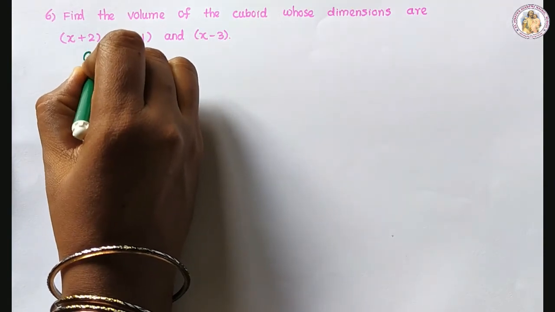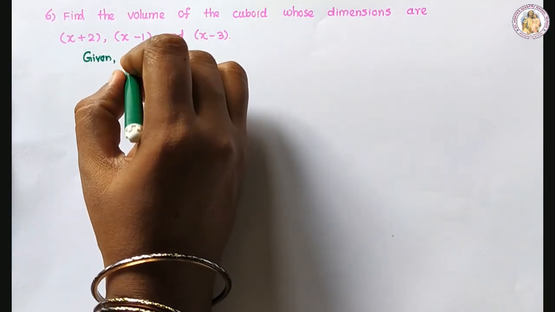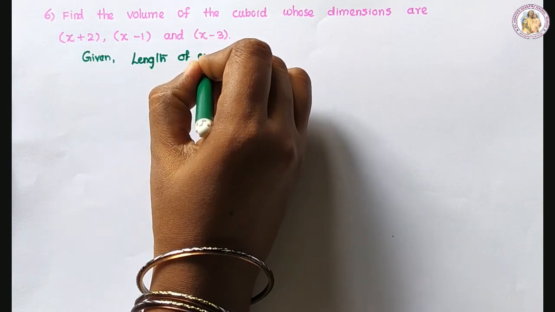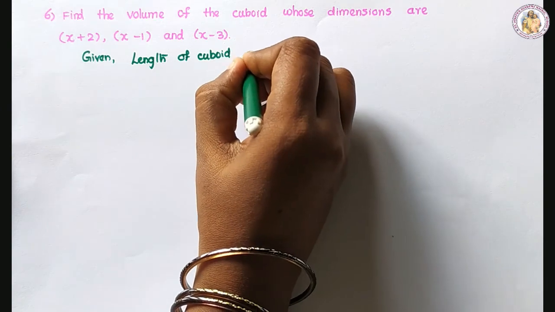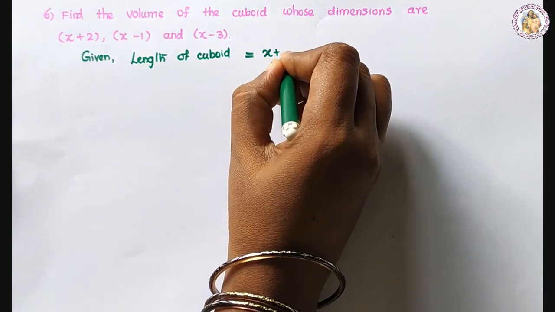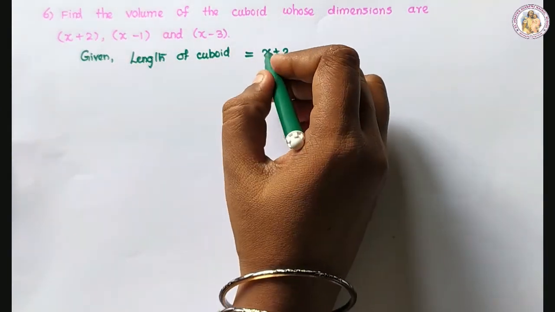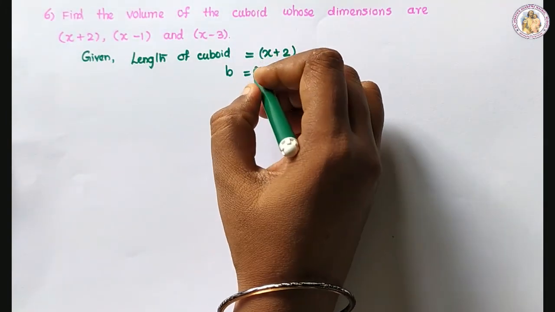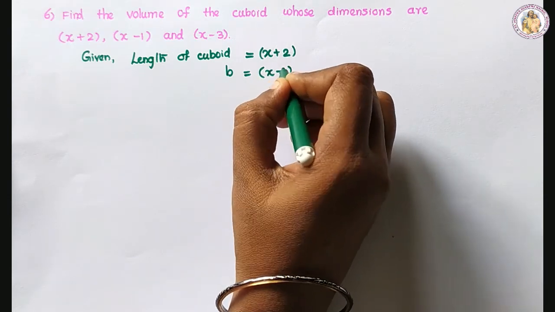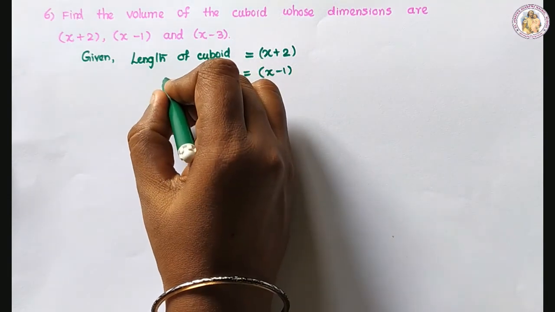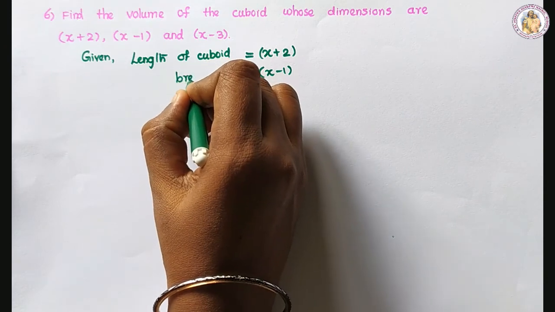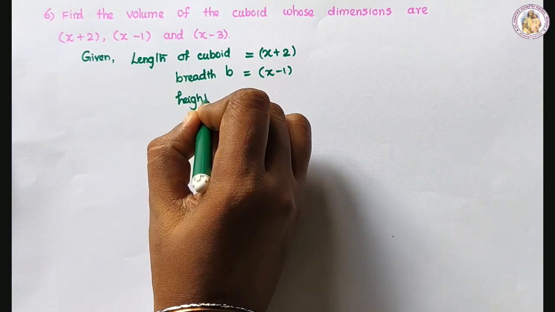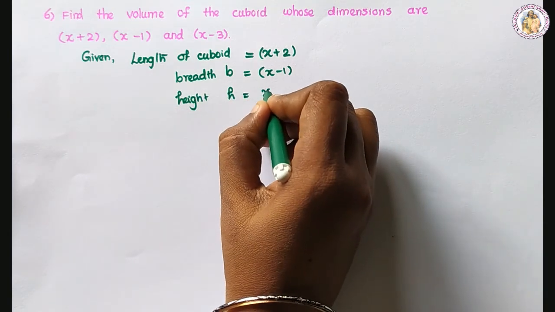So given length of cuboid equal to x plus 2, and breadth equal to x minus 1, and height equal to x minus 3.